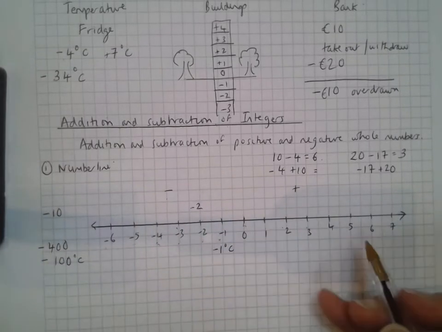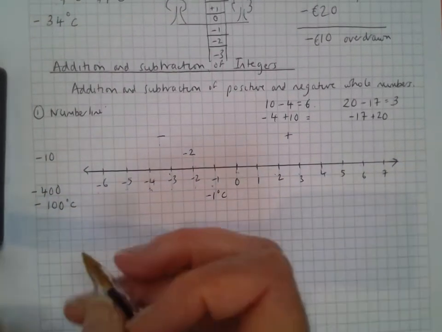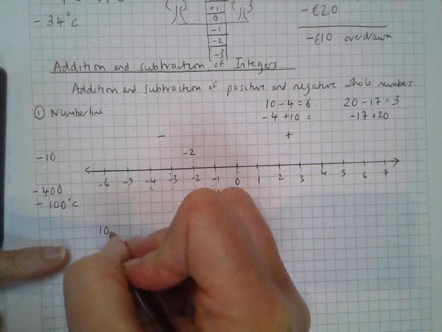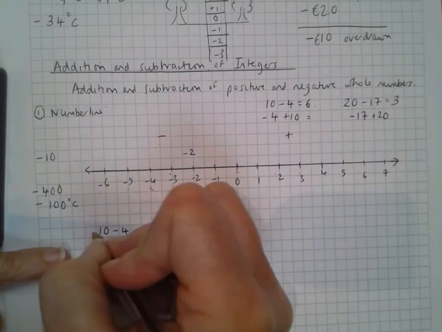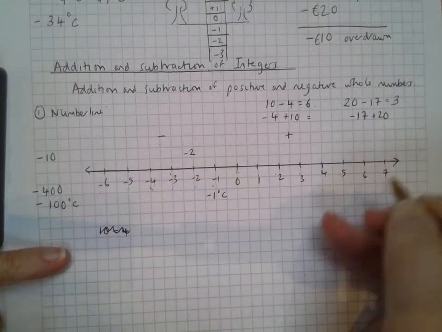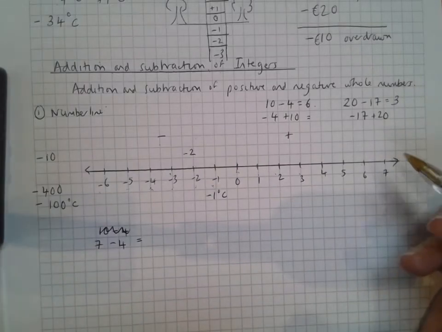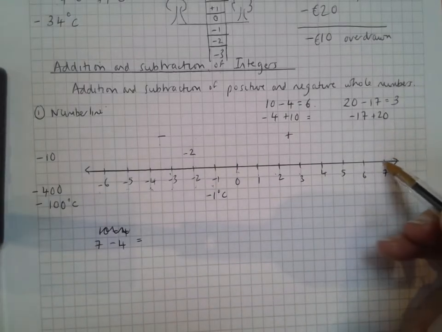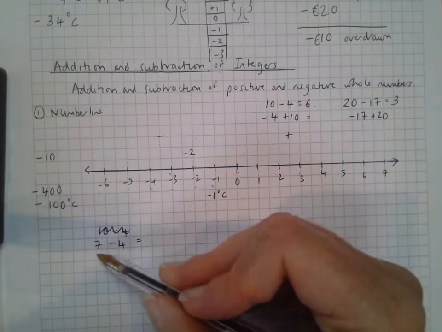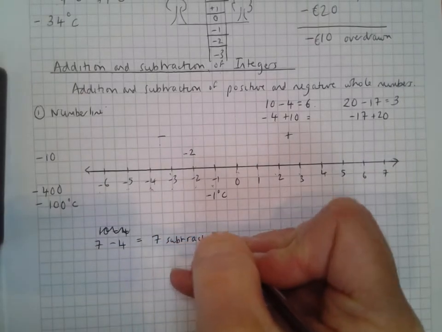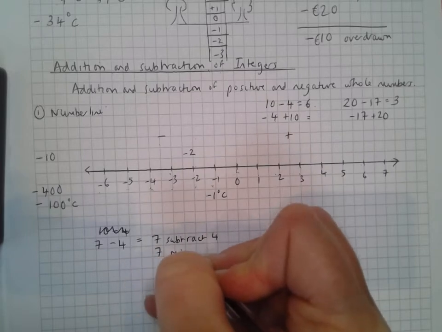So how might we use this number line? Let's take our two questions here. 10 minus 4. Well, I'm actually going to have to change that, because I don't go up as far as 10. So let's say 7 minus 4. If we were using a number line when we were younger in national school, we might start at 7 and say 7 subtract 4, or 7 minus 4.